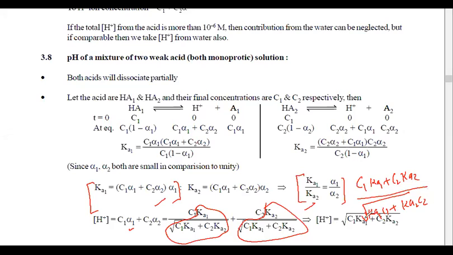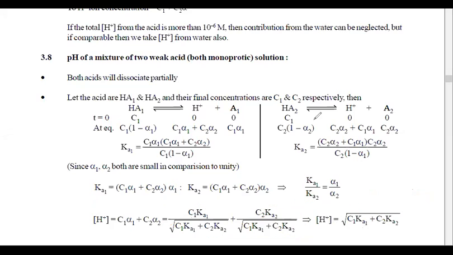So obviously you will get root of K1 C1 plus K2 C2. Now tell me, isn't it the same concept that we have used in chemical equilibrium? Think about it. So ultimately you just have to remember this. Okay everyone, in your short notes you should write this.